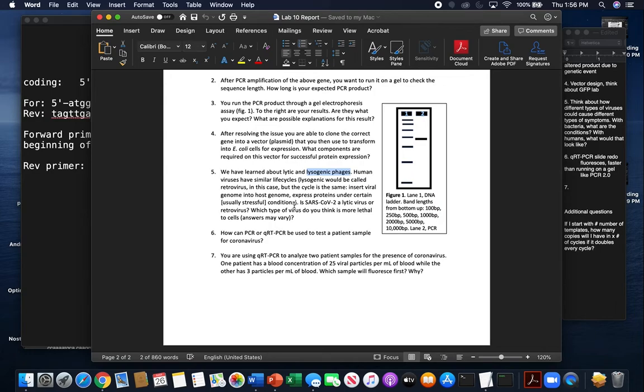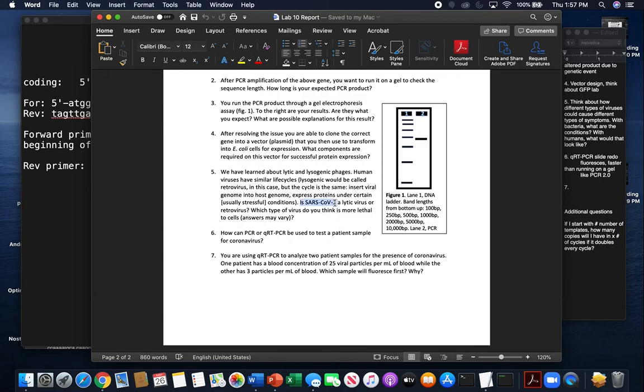A good example of a retrovirus is HIV. It inserts its genome into T cells, which are immune cells. Or the chickenpox virus, a pox virus, which is why you can get shingles later on in life if you've had chickenpox as a child. That is because the genome of the pox virus is inserted into neuronal cells and expressed under stressful conditions. So it's exactly like lysogenic phages, just in our own cells.